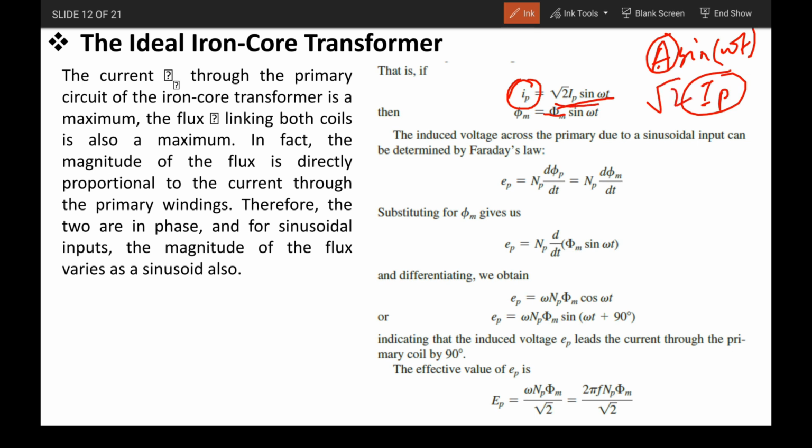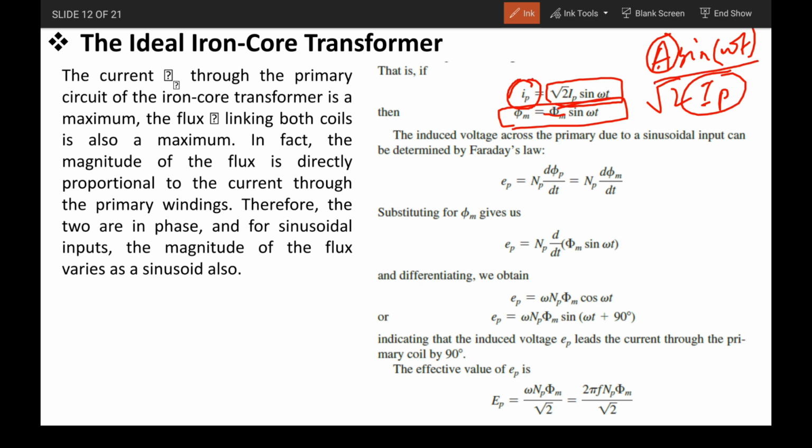So root 2 IP sine omega t is the current expression. Then the induced flux, the shared or mutual flux phi m, will also follow the equation of IP. It will be similar, with no phase shift relative to the current, and we can write it as phi m sine omega t.